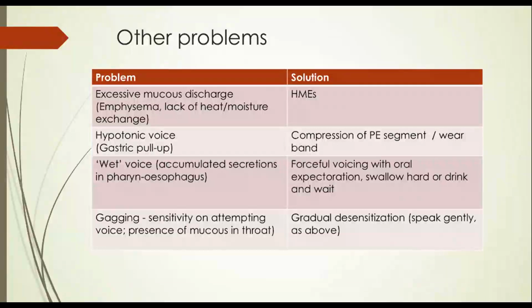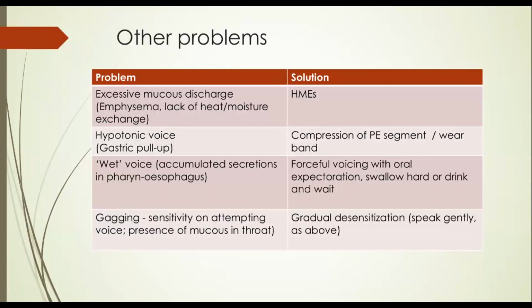So occlude, clear it out to expectorate, or swallow hard and wait for the liquid to actually pass the prosthesis. Otherwise, it just sits there and you have the same problem. In patients who just had their surgery done, that comes up quite frequently. So right in the beginning stages, we train them on waiting a bit before they start speaking after swallowing.